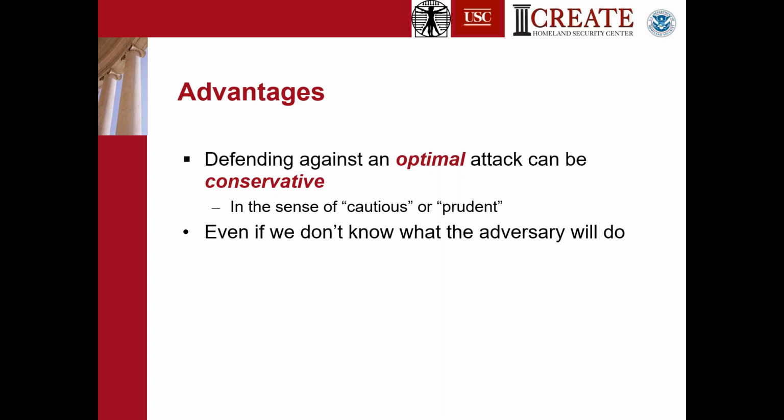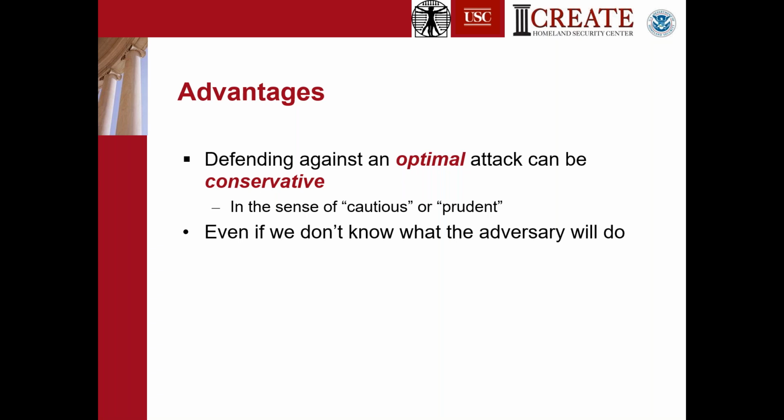So one advantage of game theory for security is that it is conservative in the sense of being kind of cautious or prudent, even if we don't know for sure that the attacker is going to launch an optimal attack. To illustrate this, let's think about the problem of computer security.